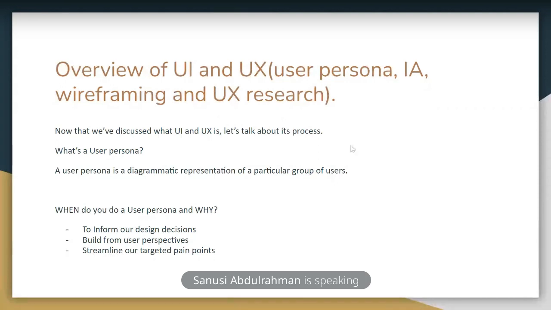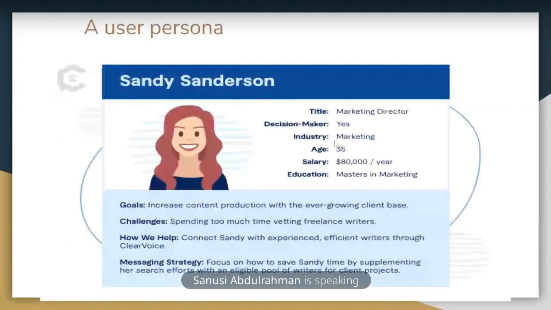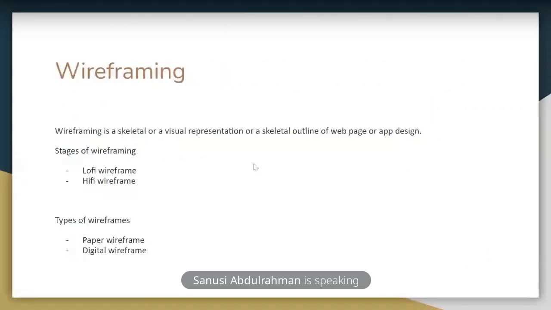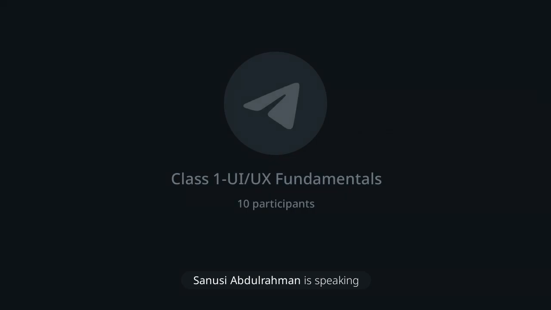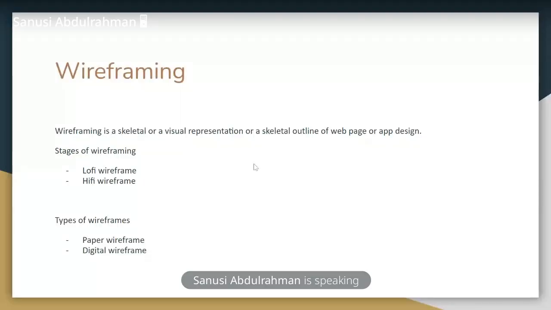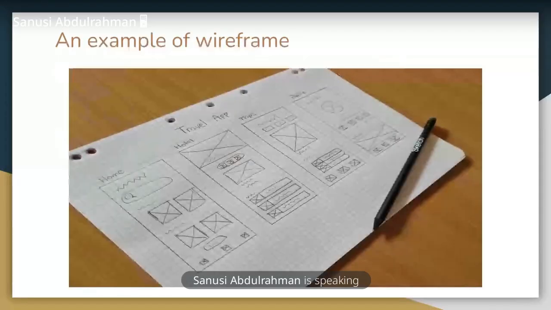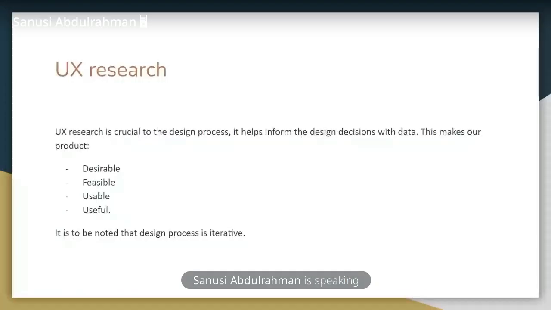Okay. So, if I may ask, what about wireframe? Will it help us slow our design process?